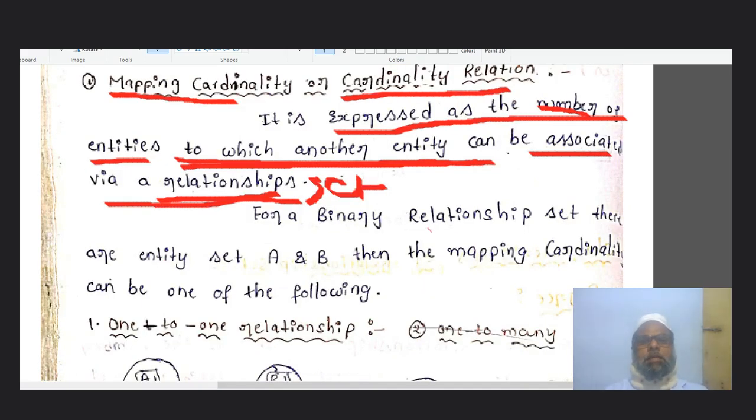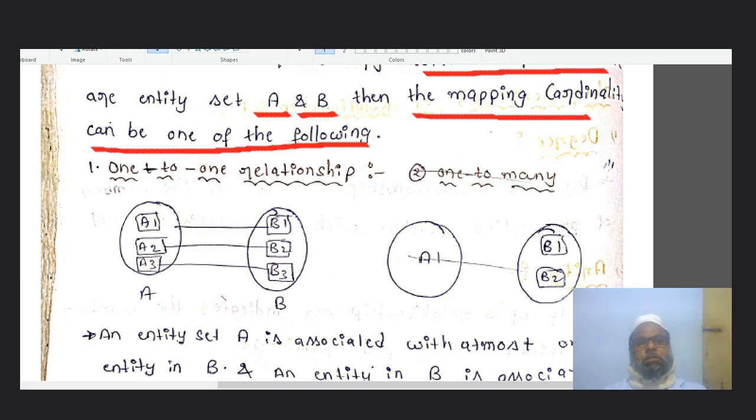For a binary relationship set with entity sets A and B, the mapping cardinality can be one of the following. The first one is a one-to-one relationship.